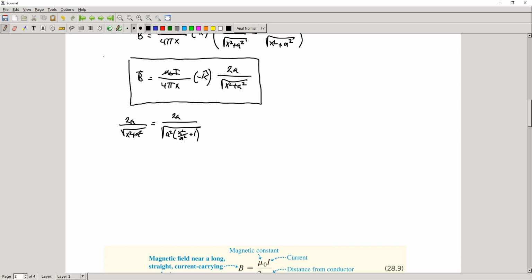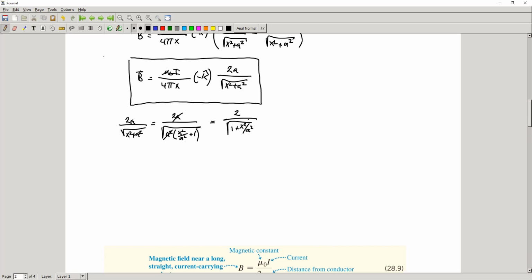I can factor out an a squared from this stuff down here, and it gives me that. Well, I can pull the a outside of the square root, right? And it'll just become an a, because the square root will hit the square, so these will cancel, okay? And I can rearrange this to give myself 2 over square root of 1 plus x squared over a squared, right?